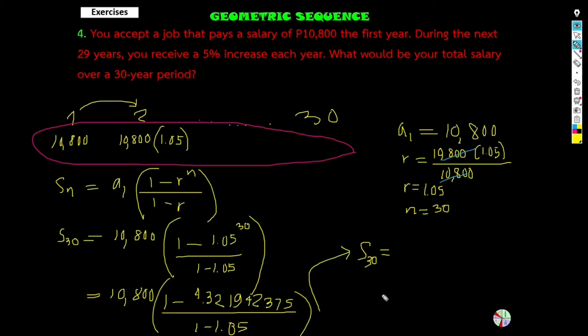So 10,800 multiplied by, in the parenthesis, 1 minus 4.321942375, divided by 1 minus 1.05, multiplied by 10,800 is just around 717,539.55, putting two decimal places.